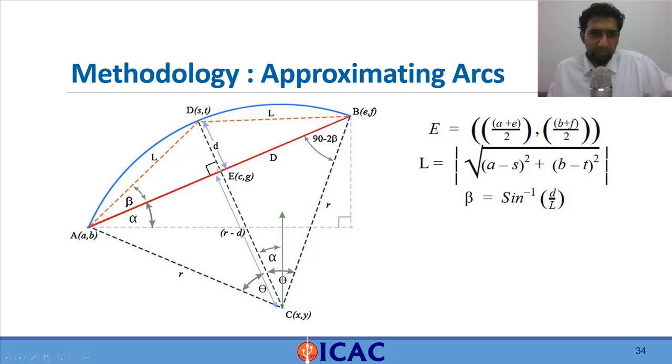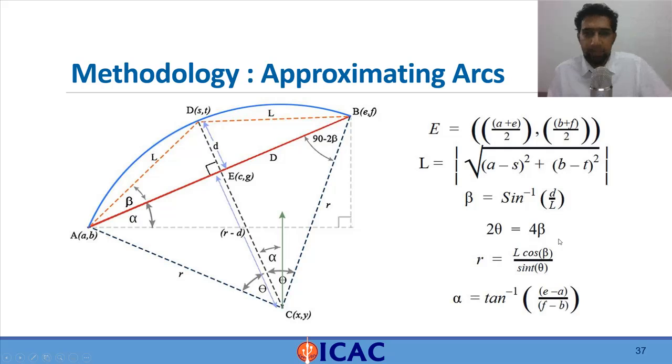Of course, since this is a rectangle, it's sine inverse of d over L. And I'm not going into detail, but you can show that the arc length angle is actually 4 times this beta. And of course AEC is a rectangle, so r sine theta equals L cos beta. So that gives you r.